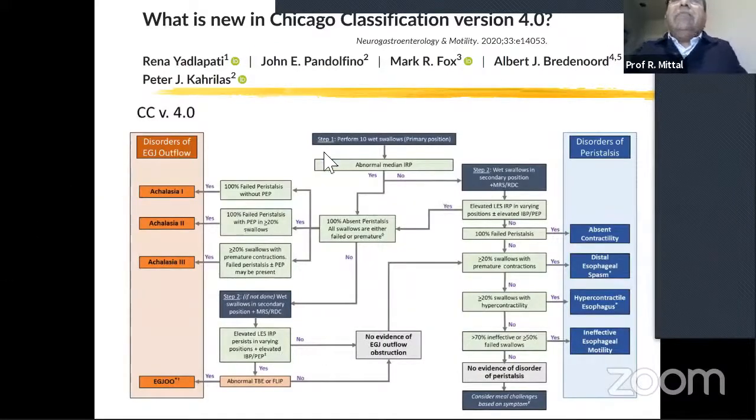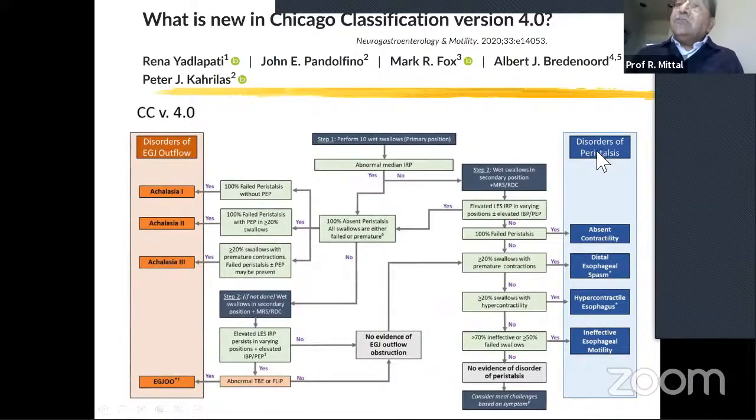So this is the summary of how we classify these things, and this is based on 10 wet swallows. You look at whether the sphincter is relaxing or not, and then whether you have a problem with peristalsis. If you have problems with both sphincter relaxation and peristalsis 100% of the time, then it is achalasia. On the other hand, if peristalsis is relatively preserved but the sphincter is not relaxing, then it is EGJOO, esophagogastric junction outflow obstruction.